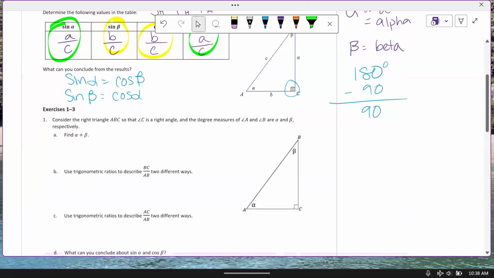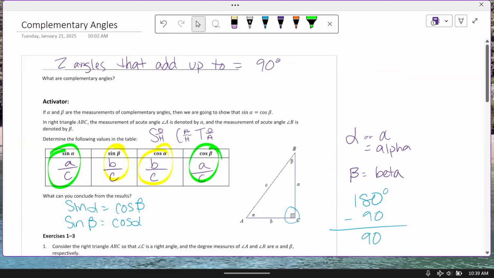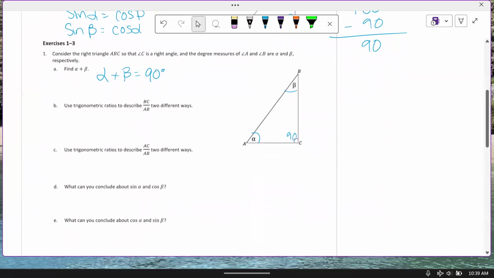If we want to find this angle and this angle, alpha and beta, because we took away our 90, then we would have alpha plus beta equals 90 degrees. It's whatever's left over, okay? And as we remember, complementary angles are two angles that add up to get 90 degrees. So this is alpha plus beta equals 90.